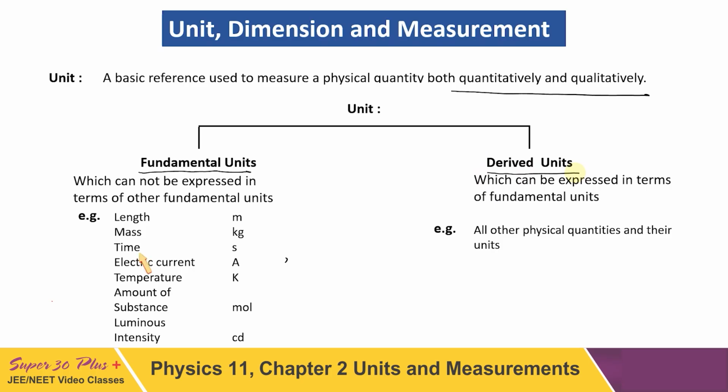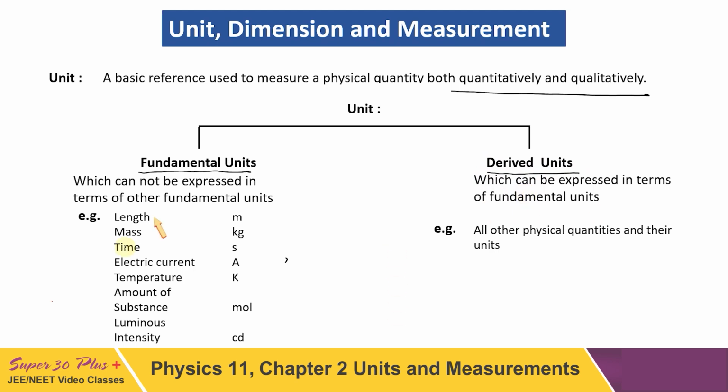No. This also is not possible because these are all fundamental units. Here is the given example for all 7 fundamental units. So there are only 7 fundamental units. Other than these 7 units, all the units in universe are derived units. So derived unit is which can be expressed in terms of fundamental units.